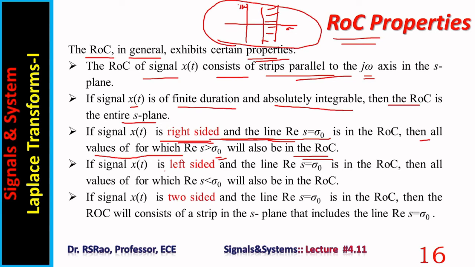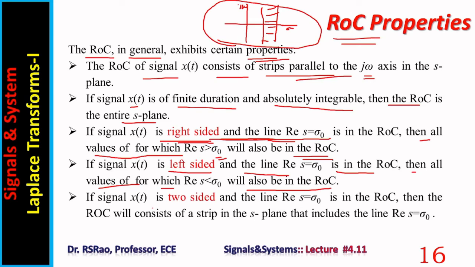If the signal is left-sided and the line real s equal to sigma naught is in the ROC, then all the values for which real s is less than sigma naught will also be in the ROC.